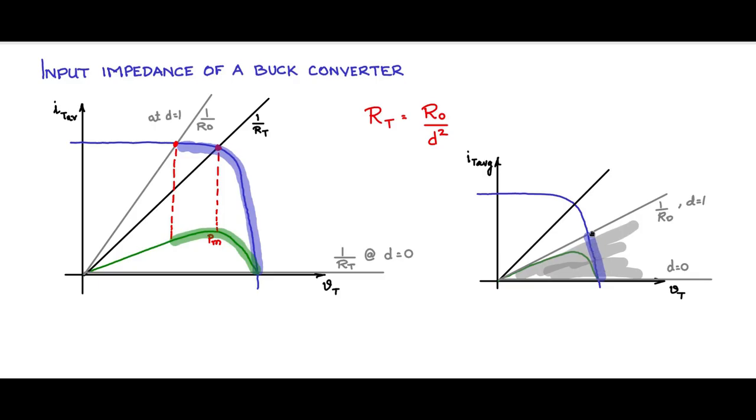And from this extreme point, if I drop a vertical, I will see that only these are the powers that can be outputted from the PV module, but the peak power operating point is somewhere here, which is outside the zone of operation of the buck converter.